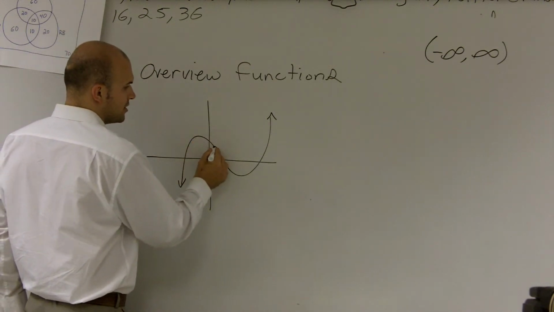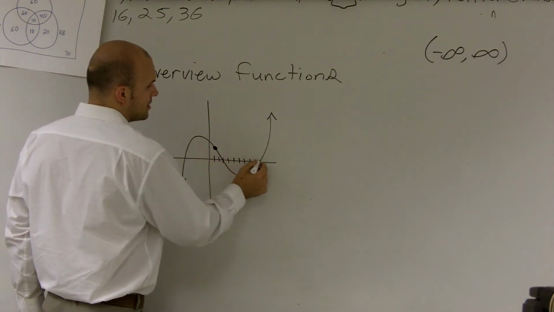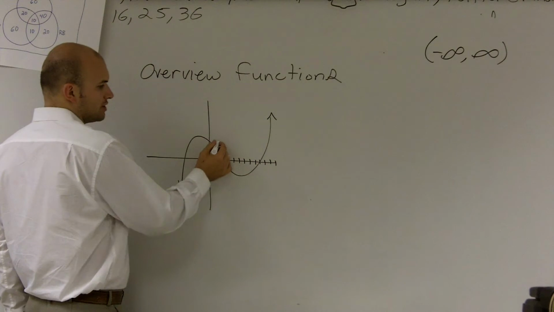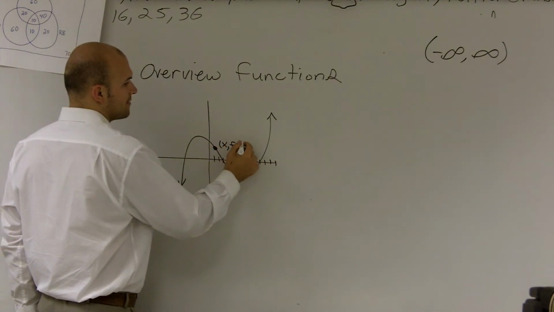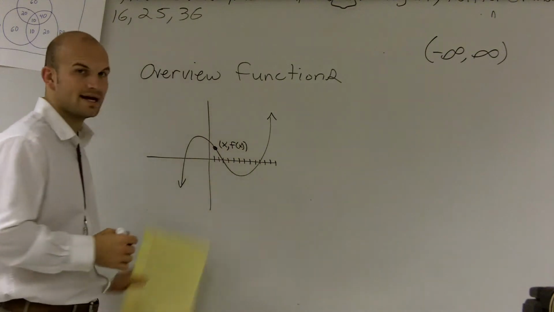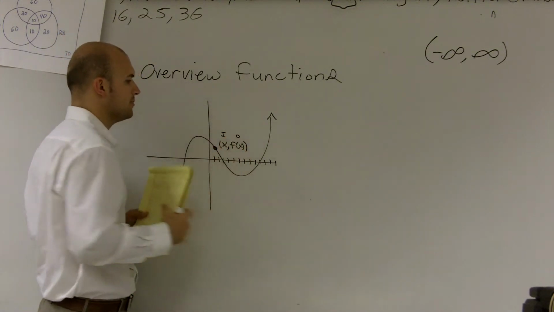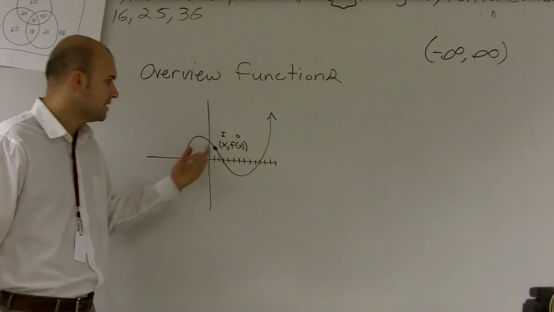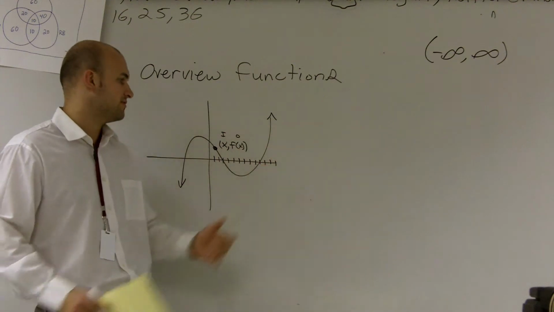of ordered pairs where we still have our x values and our y values, but now we're going to represent an ordered pair of x and f of x, and we're going to set y as f of x. So we still have our input, we still have our output, and that still is an x and y coordinate, but we want you to start getting into the mindset of thinking of f of x as your output value.